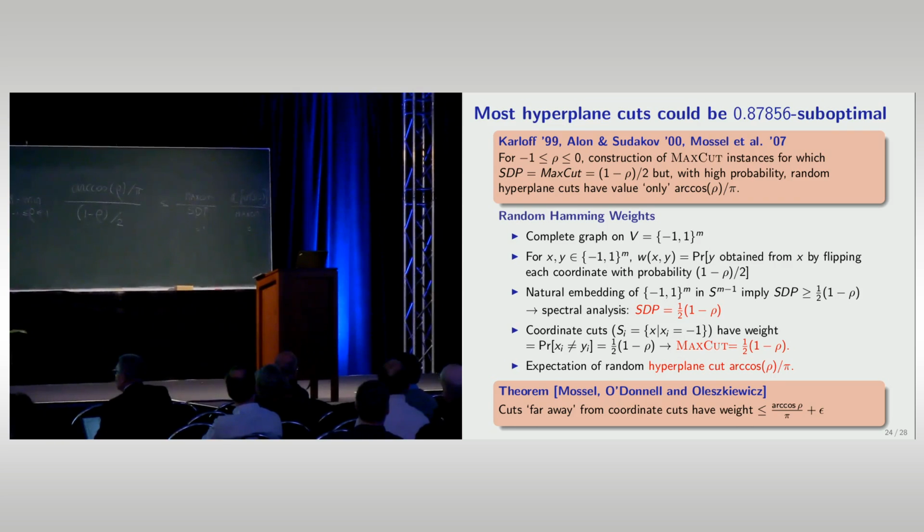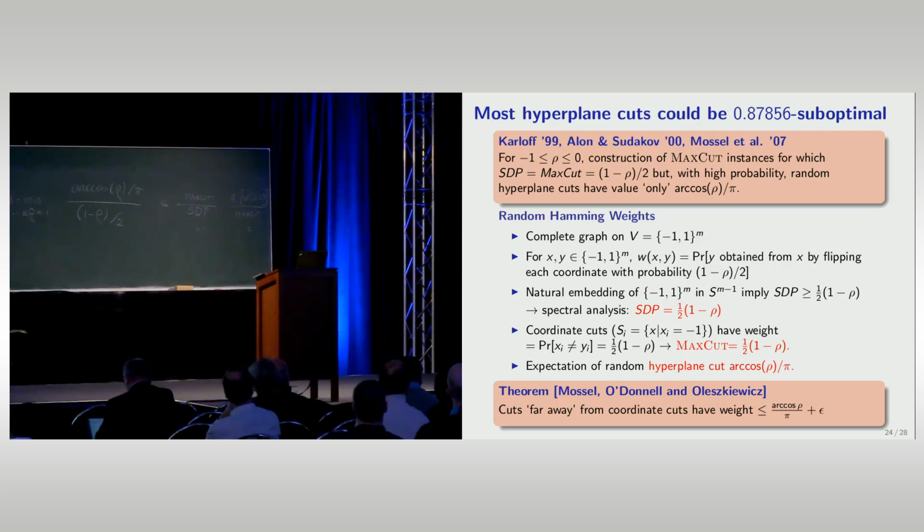But what you can show by Fourier analysis is that if you have a cut that differs from a coordinate cut in a significant way, it will actually be like a hyperplane cut, and not like a good cut, not one like a max cut.